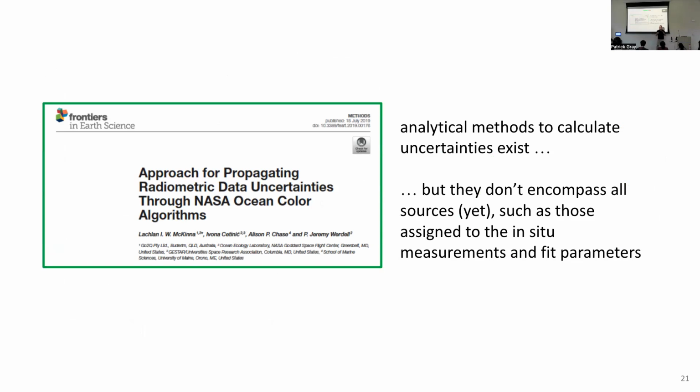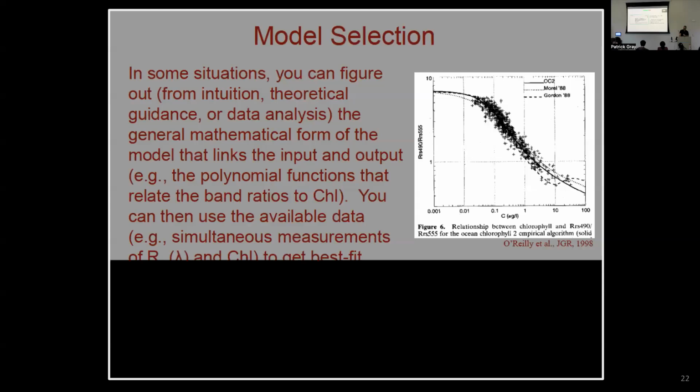The math is there, the measurements aren't there. So it's really easy to say, I have an analytical solution. I can do partial derivatives and come up with a remote sensing reflectance error, go through the math, but it doesn't encapsulate the measurement error. It doesn't encapsulate the error associated with the fit coefficients if, for example, you chose the wrong model. So there's a lot of work that needs to go into there as well.